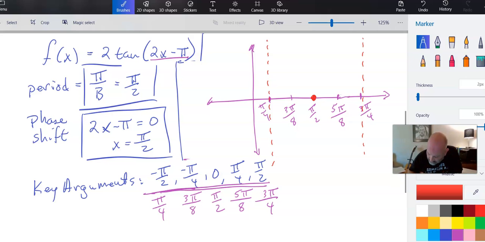And at 5 pi over 8, since that's the 3/4 mark, the value there is going to be whatever a is. Now that's a 2 in this case. So that means that it's going to be at 2 here and at -2 down here, right? And then we can just draw the rest of this in.